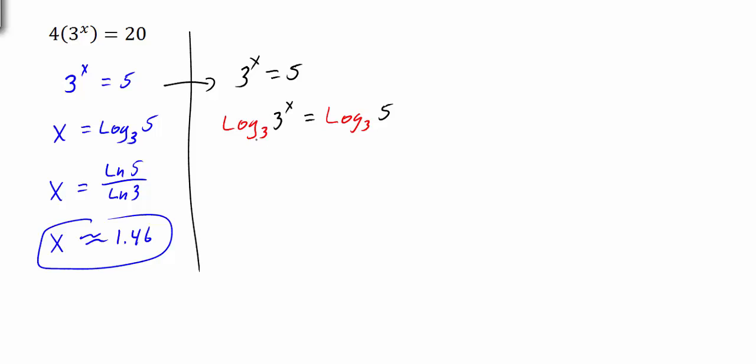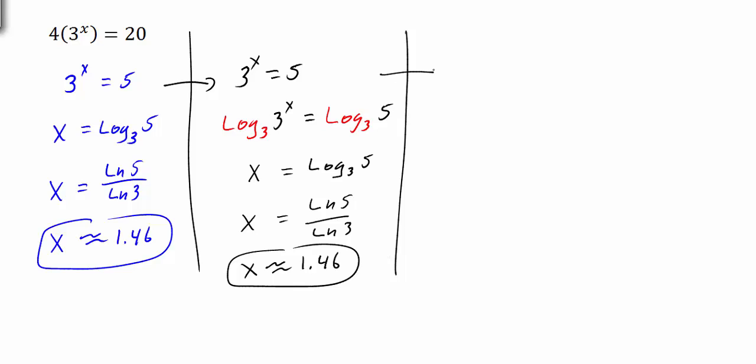Now again, why did I choose the log base 3? Because we wanted these to match up, so therefore they cancel. We're left with x equals log base 3 of 5. And then once again, all we have to do is use the change of base, which is the ln of 5 over ln of 3, and we would get approximately 1.46.